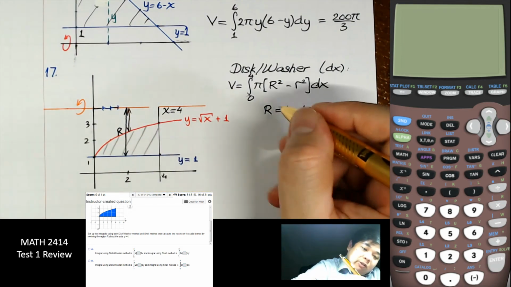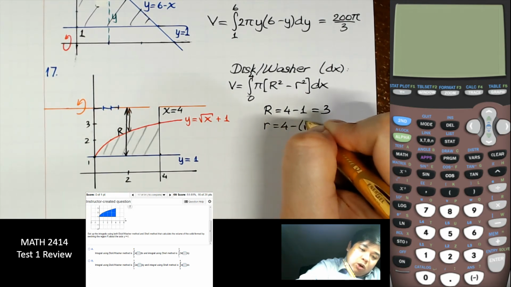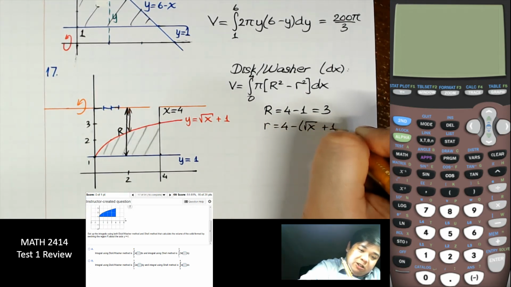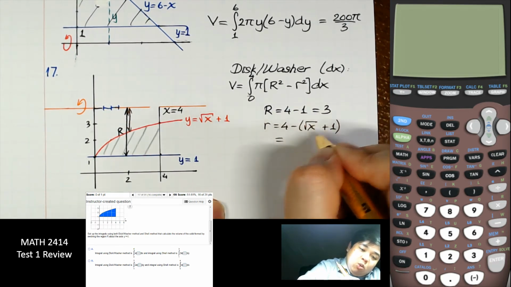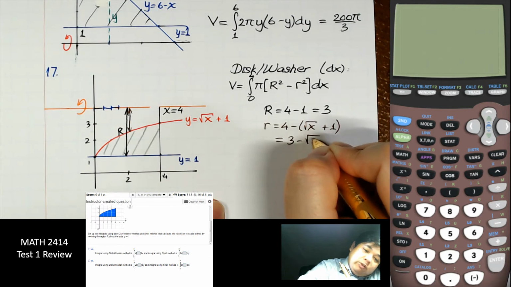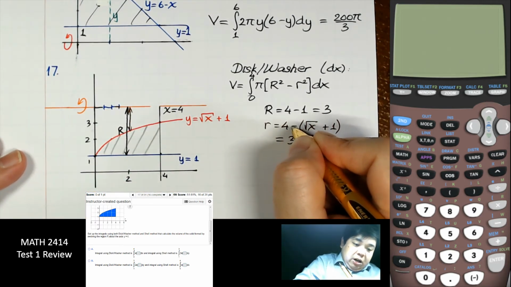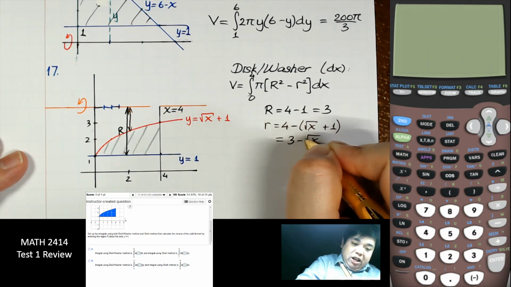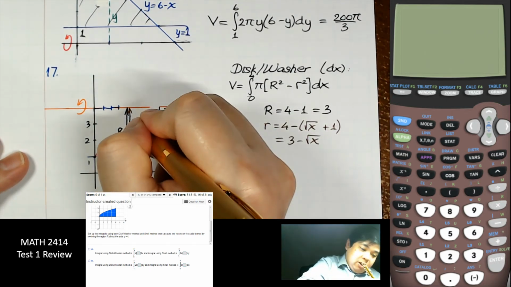So bounded above by 4, below by square root of x plus 1, which gives us 4 minus the quantity square root of x plus 1. Negative, distribute. Multiply it out, that will be negative 1, 4 minus 1, 3 minus square root of x. Right. So we have big R, little r.